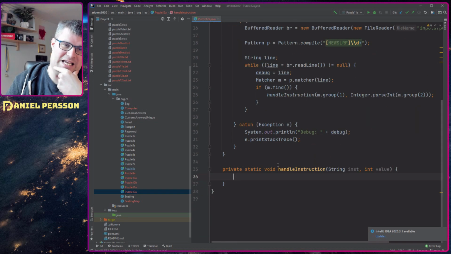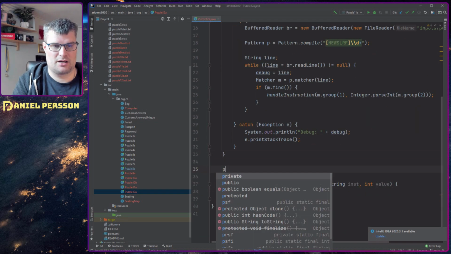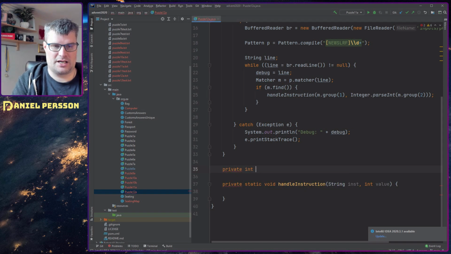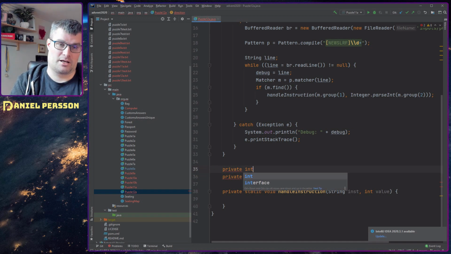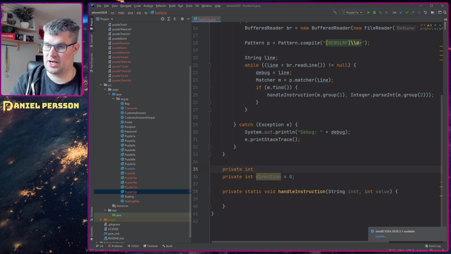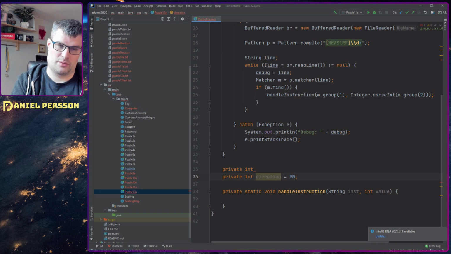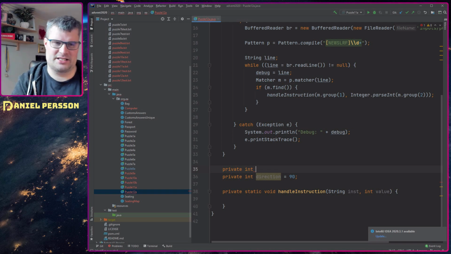So we need a couple of things. We need an int direction, and let's set that to 0. So that's our eastwards. Then we can do private. Yeah, that's the direction. You could start at 90, but it's easier to think about it as 90 degrees.